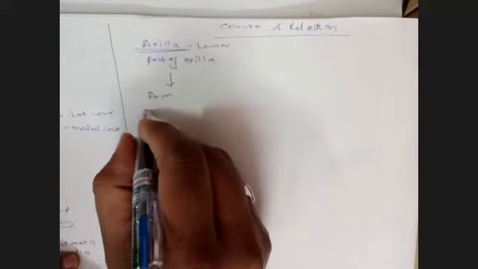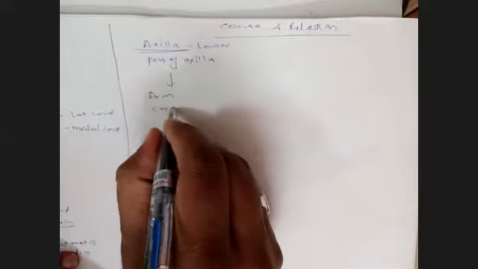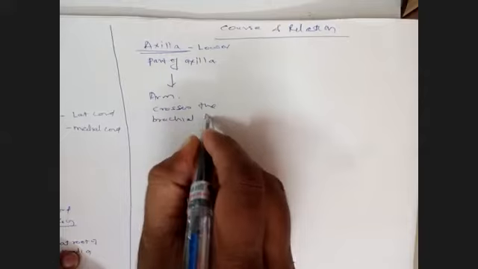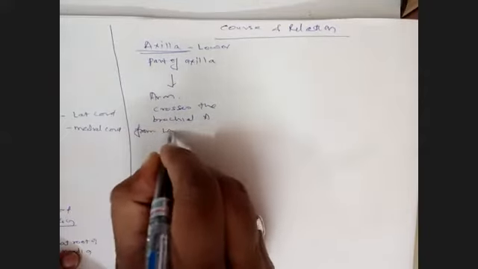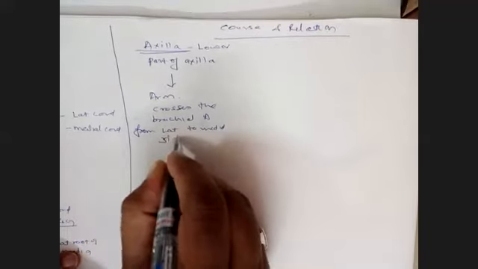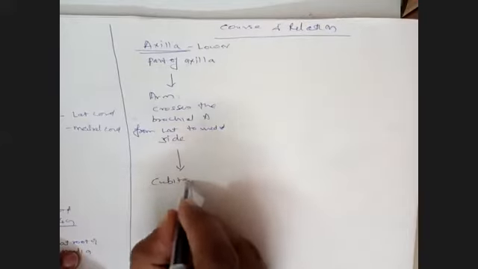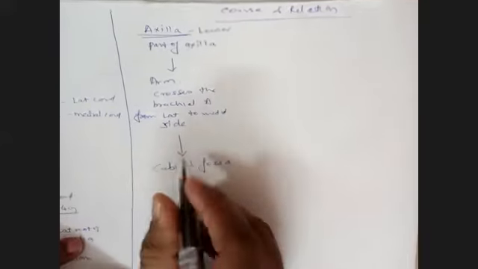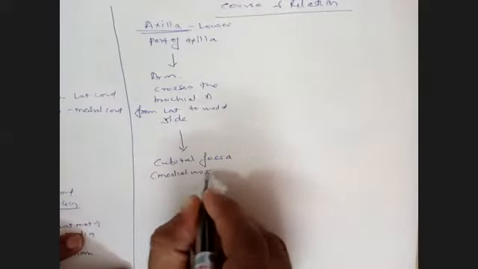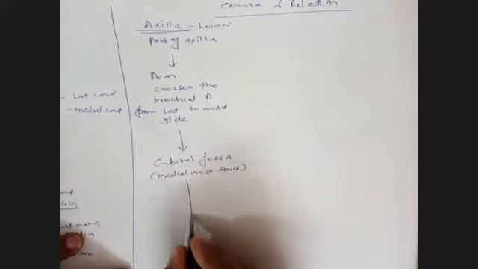In the brachium, one of the major things it does is cross the brachial artery from lateral to medial side. Then this nerve is seen in the cubital fossa as the medial most structure.